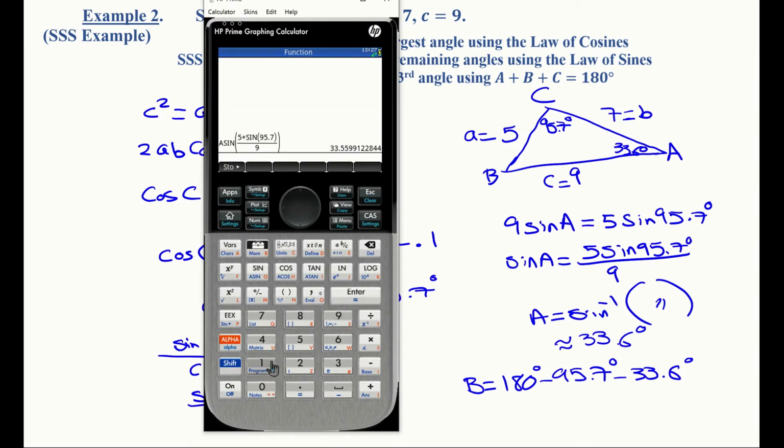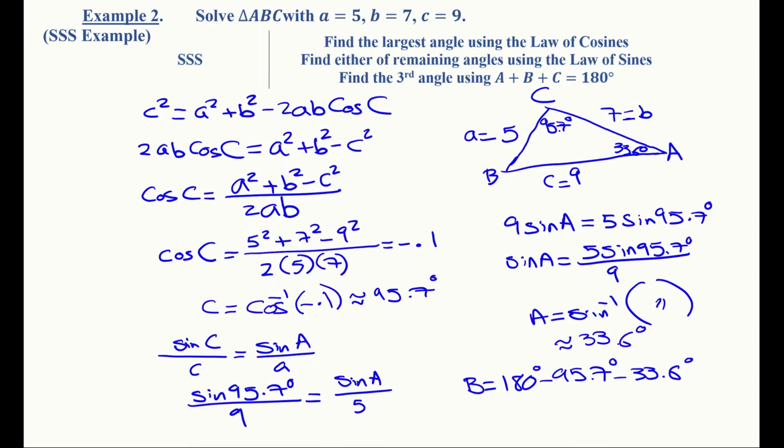So we'll start with 180, and we'll subtract from that 95.7, and then subtract 33.6 and hit enter. So we end up with 50.7.